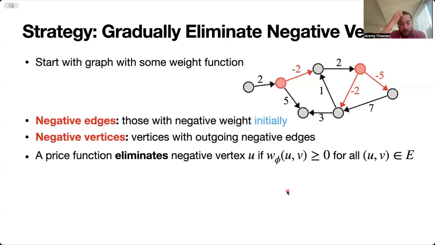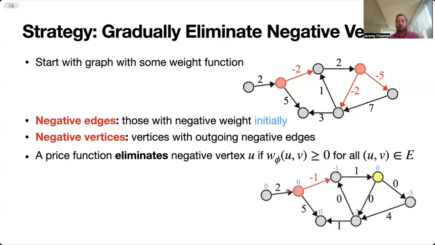And I say that a price function eliminates a negative vertex if all of its outgoing weights become non-negative. So if I reweighted the graph to produce these new weights here, this yellow vertex now has only non-negative outgoing edges at this point. So it has been eliminated.